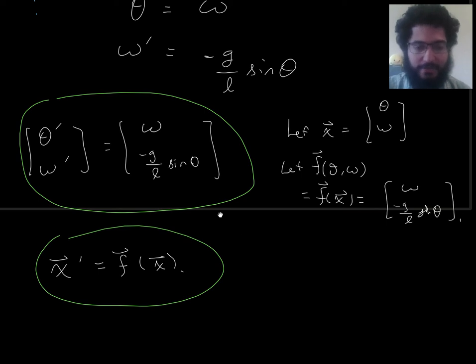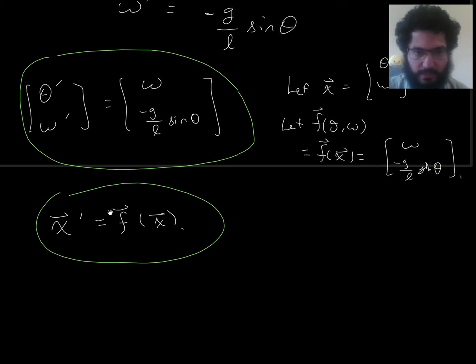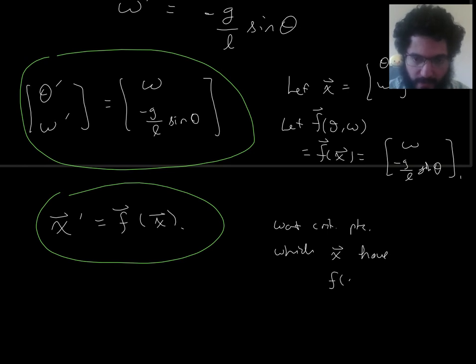So now we want to find the critical points for this thing, and that means those values of x. So we want to know which values of x have f of x being 0.